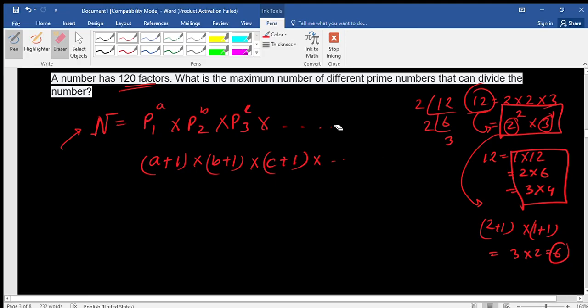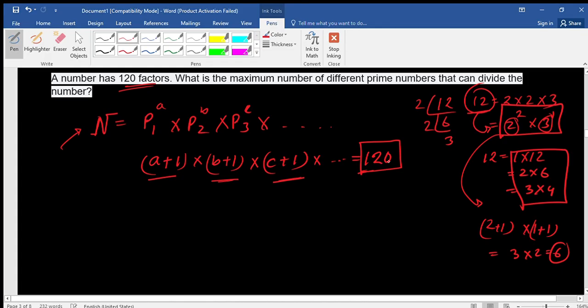Now let's focus on 120. You can see that a plus 1, b plus 1, c plus 1, all of these are factors of 120. That means if you divide 120 by a plus 1, b plus 1, or c plus 1, you will not get any remainder.